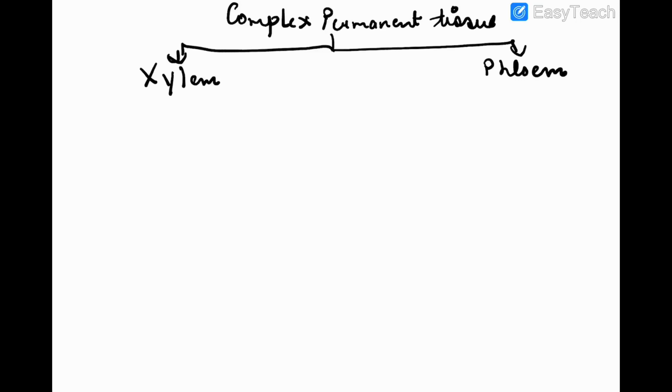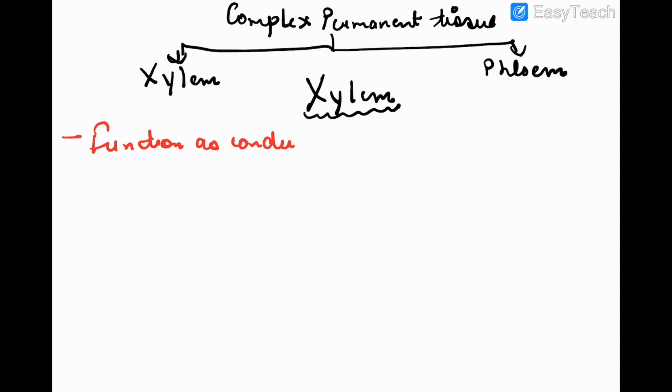Now let us first talk about xylem. Xylem functions as conducting tissue for water and mineral. So it conducts water and mineral from the root to the stem.